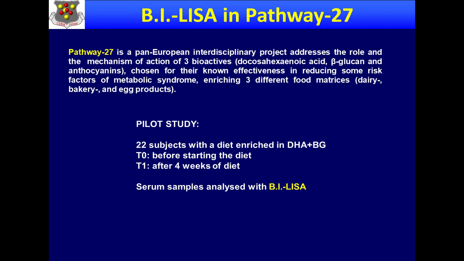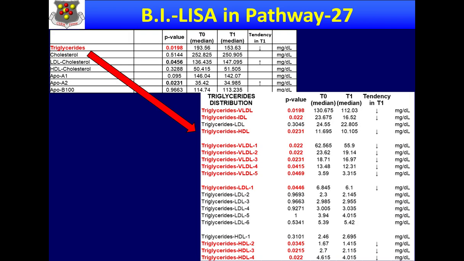I can tell you that the impact is not great, and sometimes people at risk of poverty eat better than wealthy people. But it was interesting to see that again we had a significant difference with triglycerides, and again we did the ELISA, and most of the triglycerides were significant, some barely significant, some more significant.